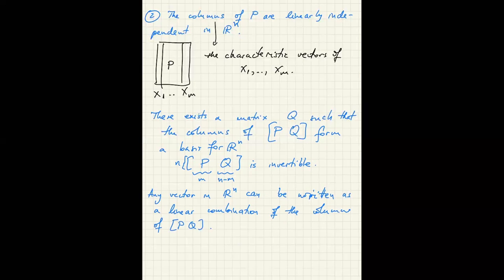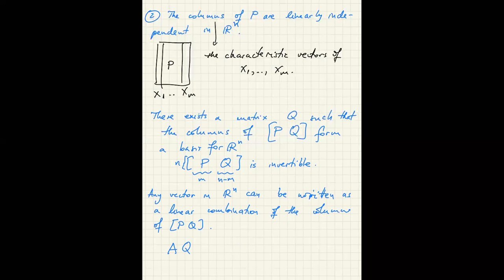Therefore, we can apply this to the column vectors of the matrix A times Q. When we do A times Q, A is a big n by n matrix, and Q is a tall matrix, so we get a tall matrix, n by n minus m.